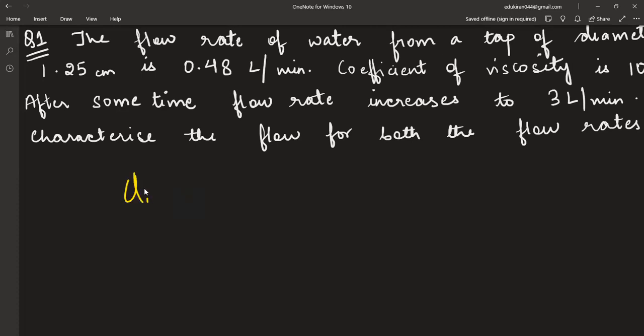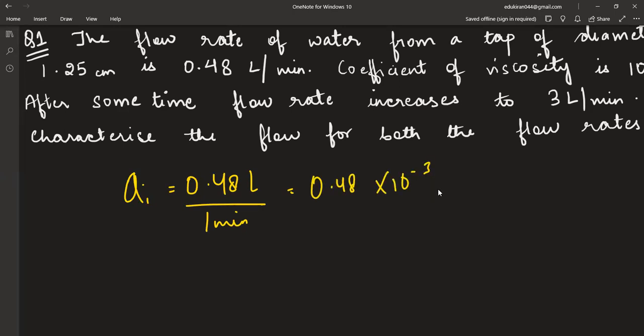So Q initial, this is 0.48 liters per 1 minute. Volume of flow, rate of flow, so 0.48 into 10 to the power minus 3 meter cube. This is how we convert 1 liter into 1 meter cube. 1 minute into seconds is 60 seconds.